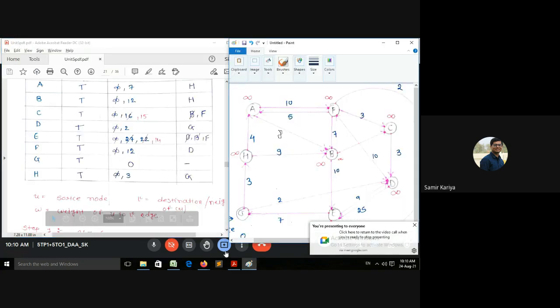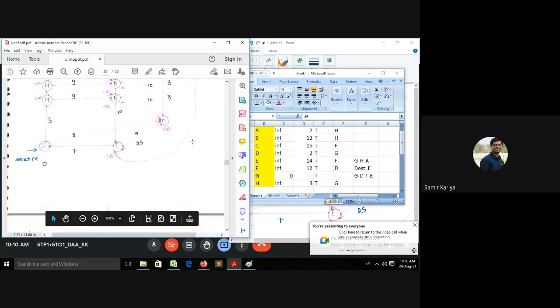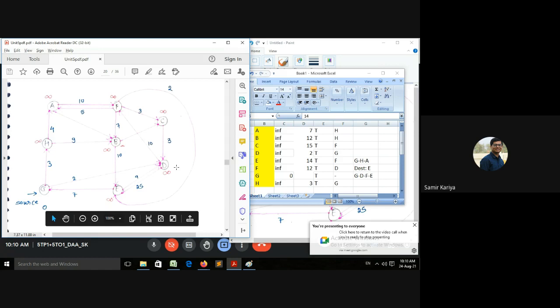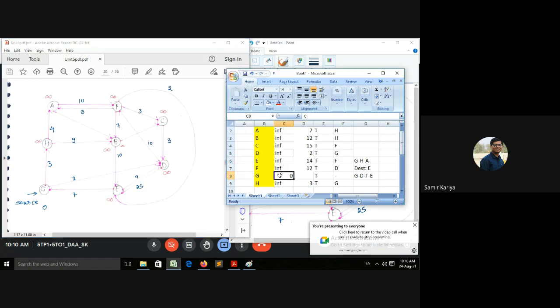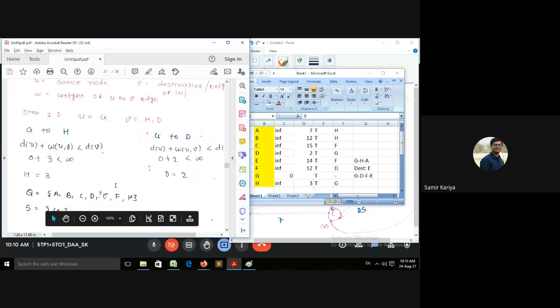This one, and we have to maintain this one. Okay, this is our given graph. So what is our first step? First step, select our source node, which is most probably given in the question. That's 0, and all the remaining are infinite. Done. Now, step 1: whichever source node is given, we select it and find the direct edges.